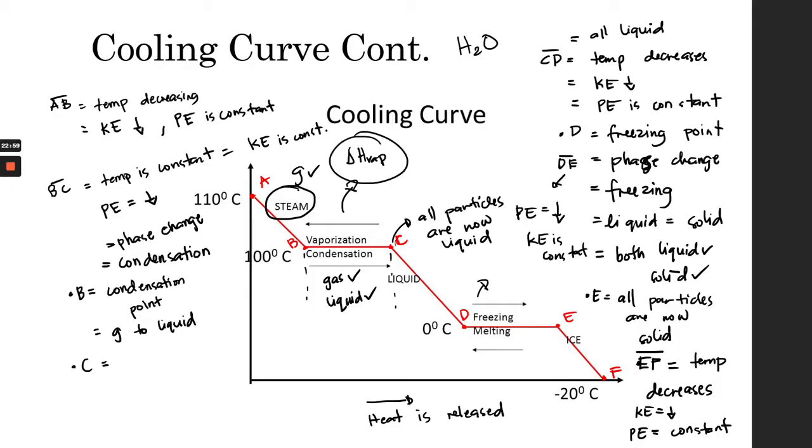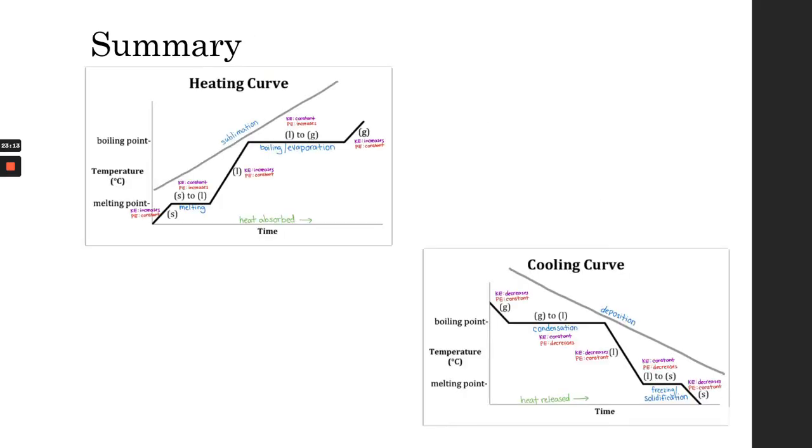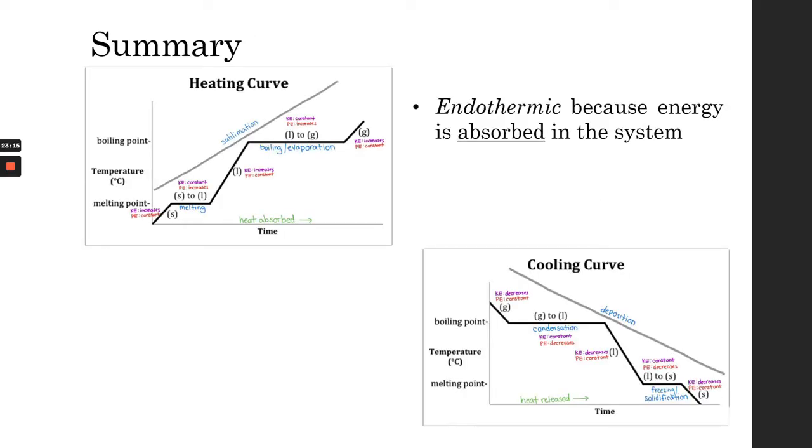So the heat here is delta H vaporization, and for here it's still delta H fusion. Okay, so that is what is happening for the cooling curve. So in summary, the heating curve is what we call endothermic because energy is being absorbed.